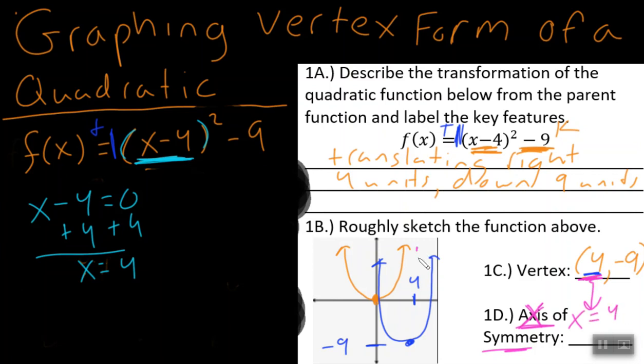And the axis of symmetry goes through the vertex and it cuts the graph in half. This would be the axis of symmetry for our parent function. Okay, so there's our axis of symmetry, that dashed line that splits the graph in half. Down here at the bottom we have our vertex, but since it's a vertex and it's at the bottom, we can actually call that our minimum.